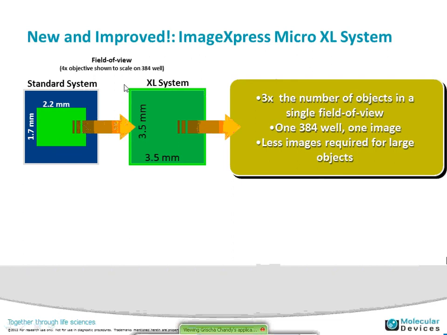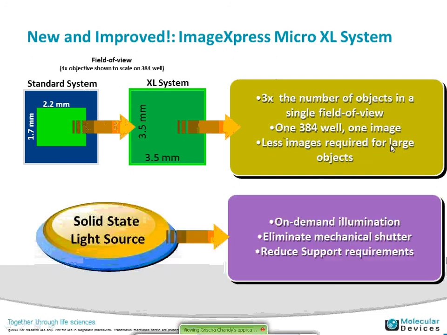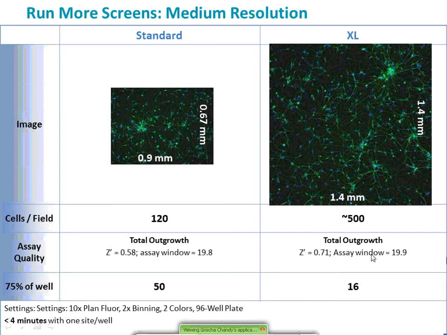So with the 4x objective on the XL system, you can capture one image to capture the whole well. This drives three times the number of objects in a single field of view, or if you're going for larger, high resolution images, it allows fewer images to be acquired for those larger objects. It also comes with a solid state light source, which allows for on-demand illumination. There's no mechanical shutter, and that's reducing support requirements.